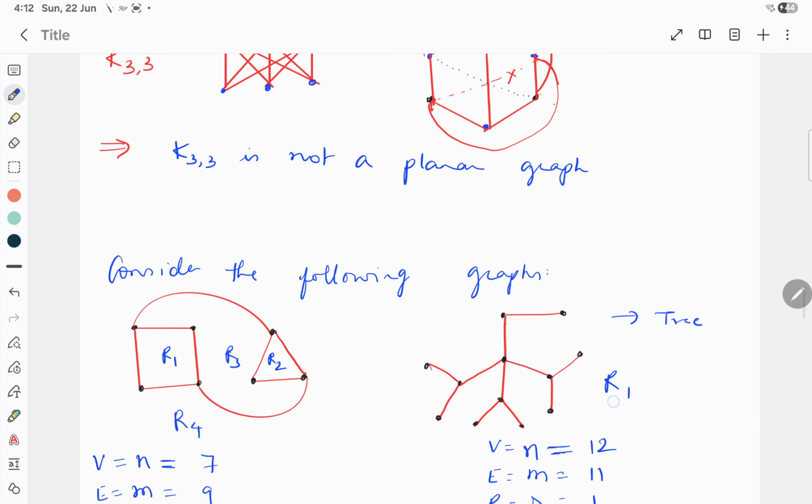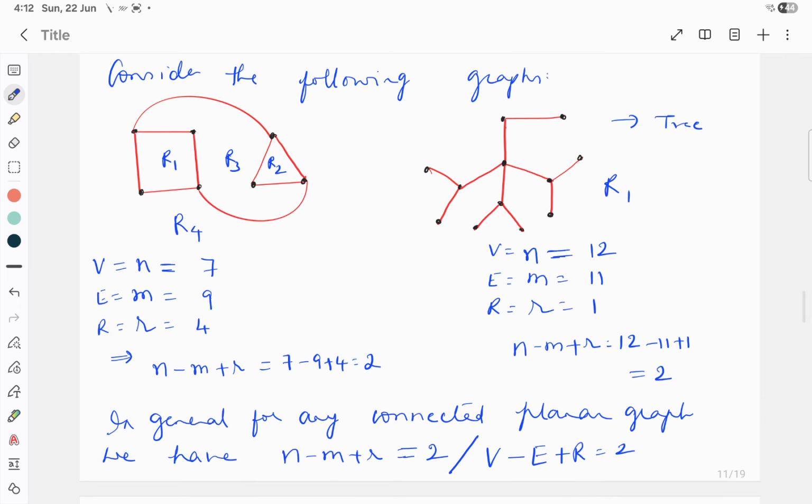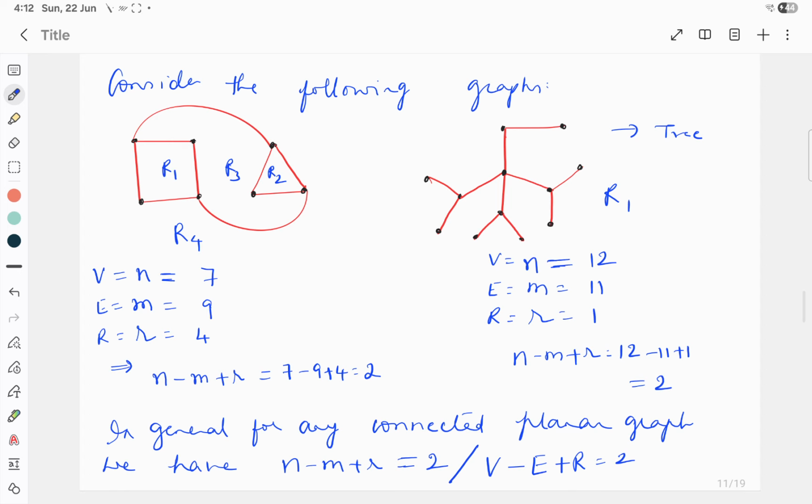Now consider the following graphs. We can observe some commonality between the planar graphs. So we have this graph G1 and graph G2.